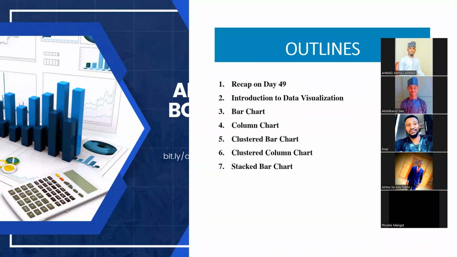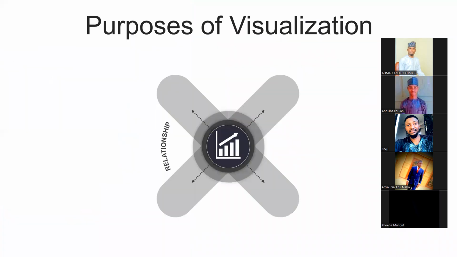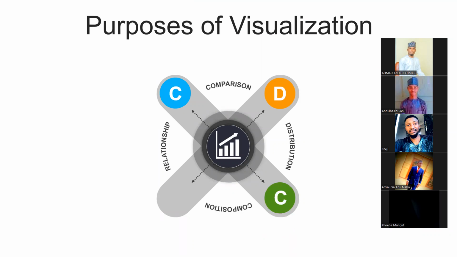I will talk about these in brief so that you will understand before we continue. Number one, we have C for comparison, D for distribution, another C for composition, and the last is R for relationship. Let's talk about comparison.